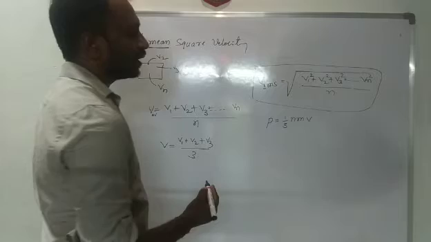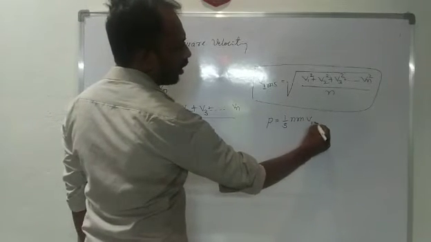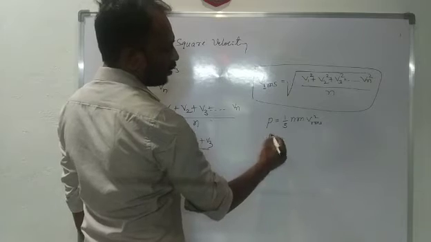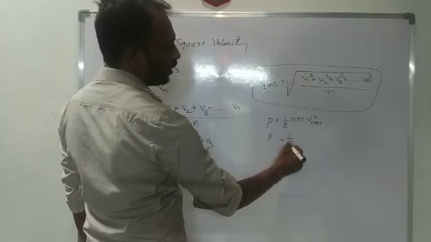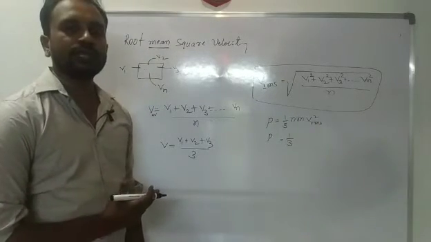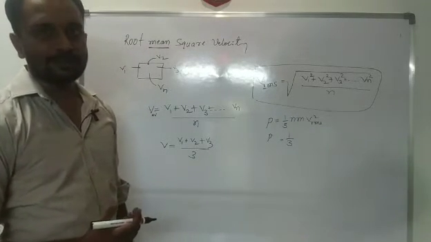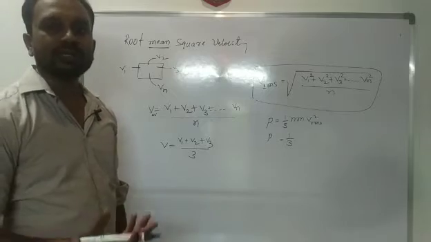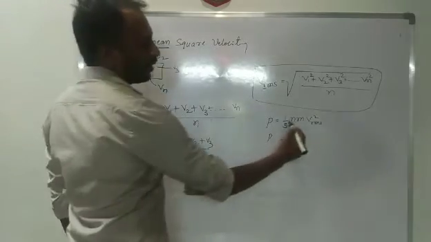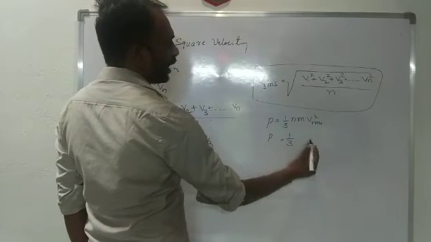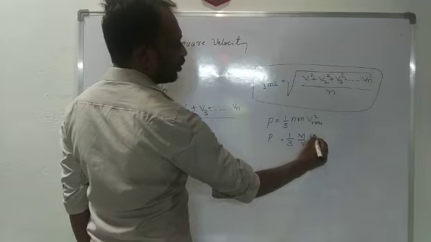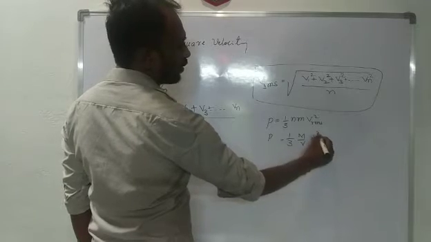So here we consider RMS velocity, P is equal to 1/3 N m, and that is equal to the density. The number density times mass is mass by volume, so in place of Nm we consider density, or mass by volume, into V_rms square.